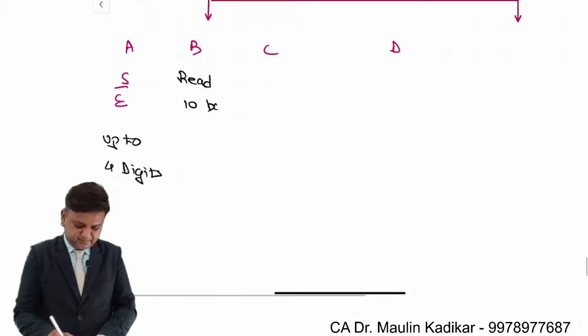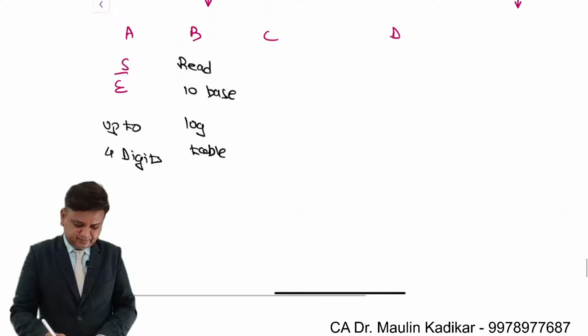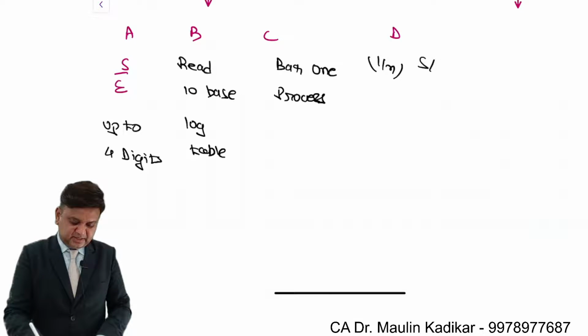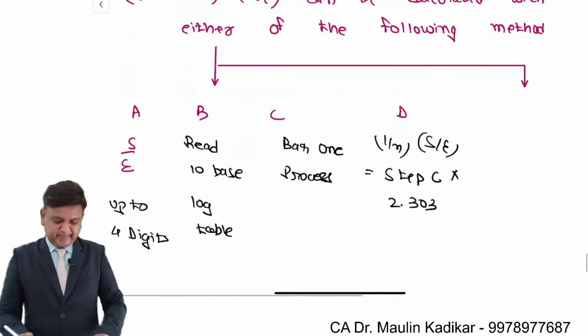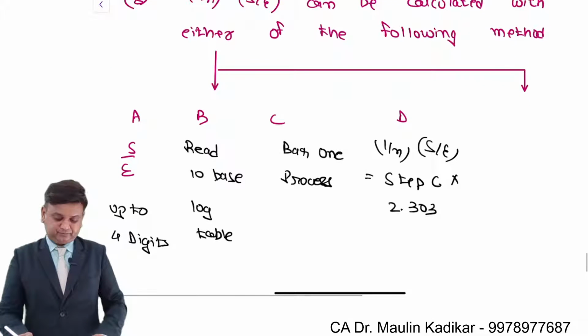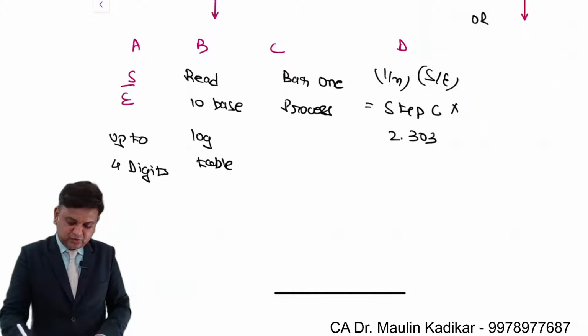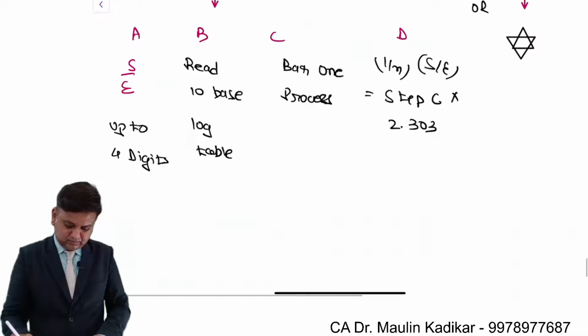Read 10 base log table. Bar 1 process. And lastly, ln S divided by E is equal to step C into 2.303. These are the 4 steps that we have. Or otherwise, you can do the working alternatively like this. I am writing it over here.